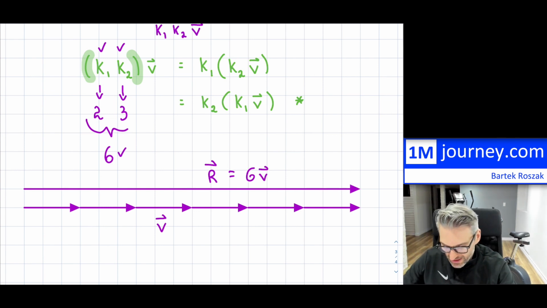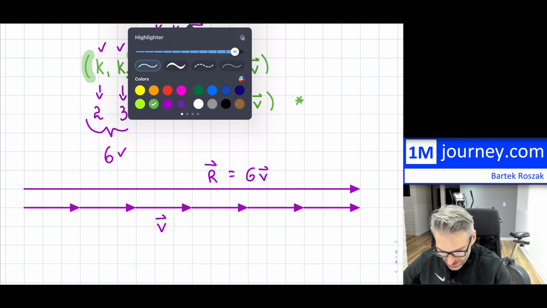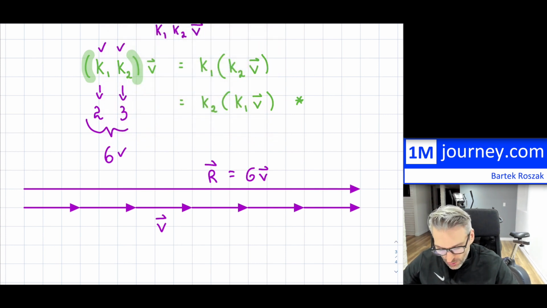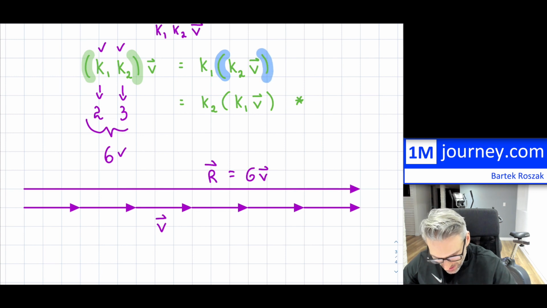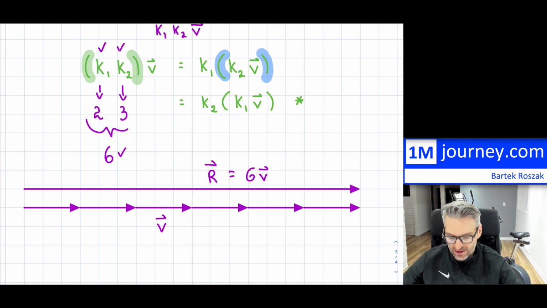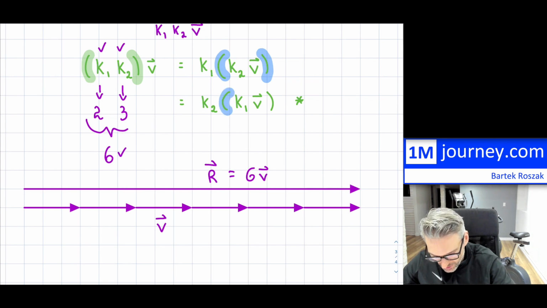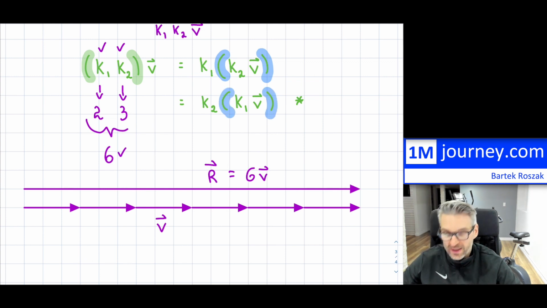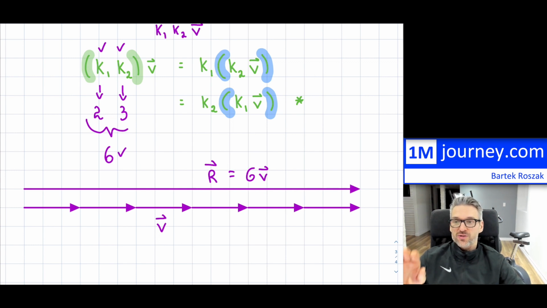Now, what the associative property tells us is that we can instead do the multiplication of one of the numbers. So you can take k2, or as you can see there at the bottom, you could have distributed k1, because multiplication of 2 scalars is commutative. So 2 times 3 is the same as 3 times 2.